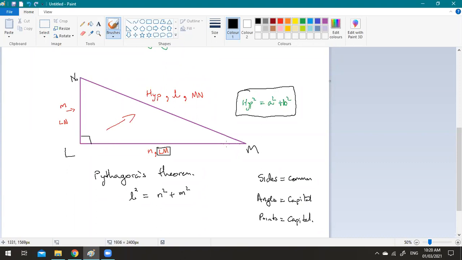So if you were using the points, we could say LM is the same as MN, so MN squared, and because it has two terms, you put them in brackets. Common N is LM, so LM squared, add the other side, LN squared.